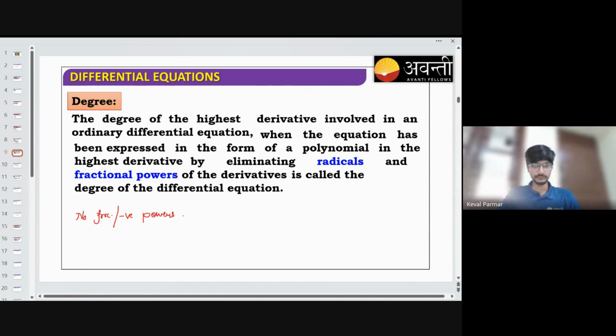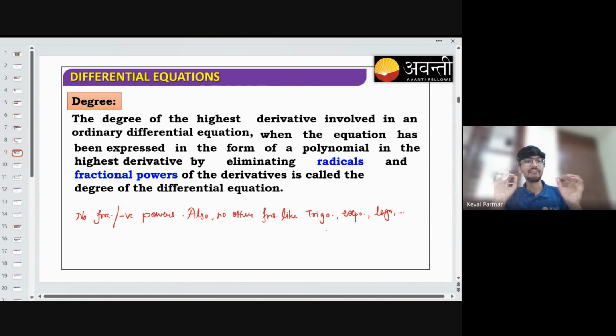Also, no other functions like trigonometric functions, sine, cos, tan, cosec, sec, cot, and exponential functions, a raised to x, e raised to x, logarithmic functions, and such functions should not be present, or the differential coefficient should not be inside these functions.